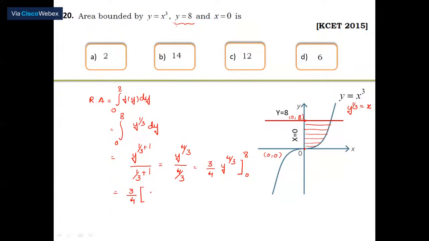For upper limit 8, it is 8 power 4 by 3, minus, for lower limit 0, it is 0. So 8 power 1 by 3 is nothing but 2, 2 to the power of 4 into 3 by 4, or it is 2 square into 3, or it is 4 into 3. So the answer is 12. So the correct option is C. Option C, that is 12.